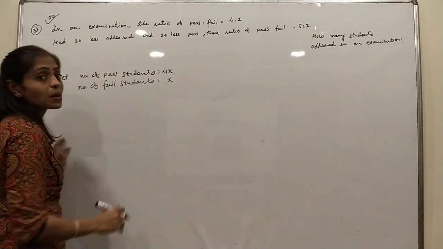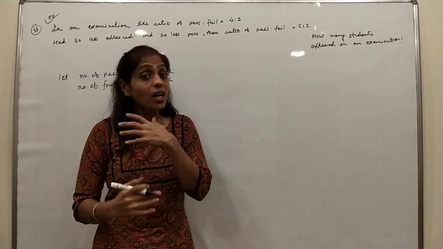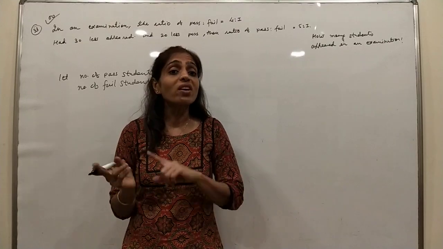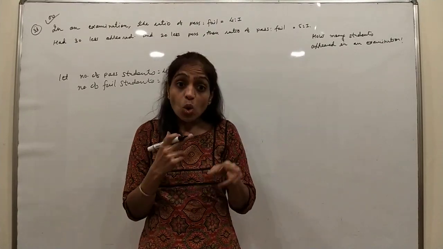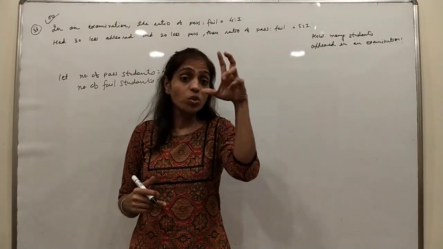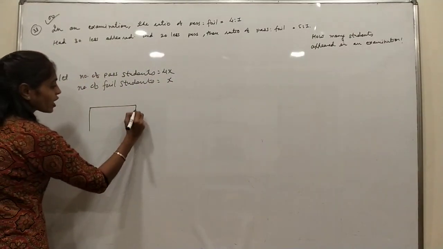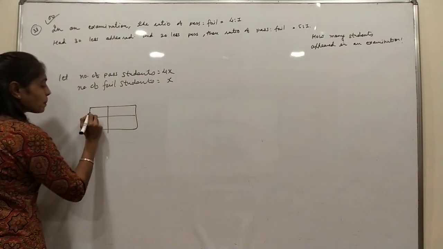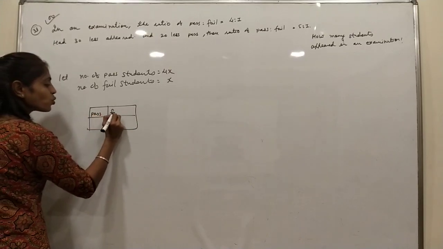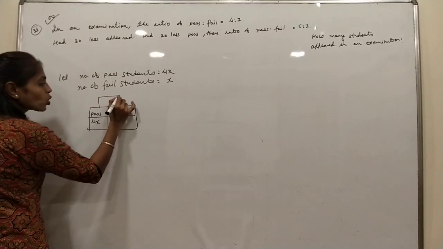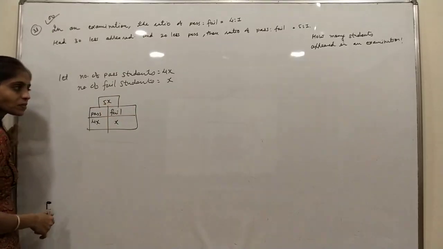Had 30 less appeared, means 30 students never gave the examination. In the total number of students, 30 less appeared. So initially pass to fail is 4x and x, but the total student is 5x.